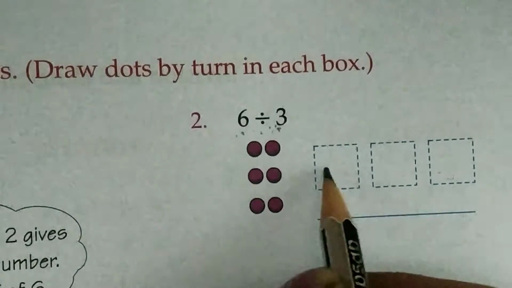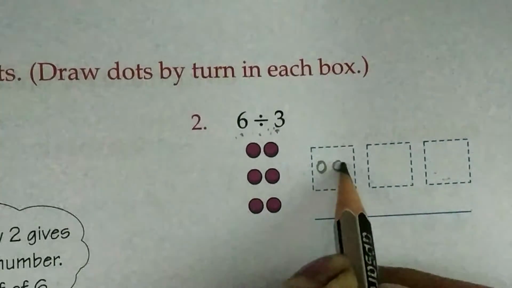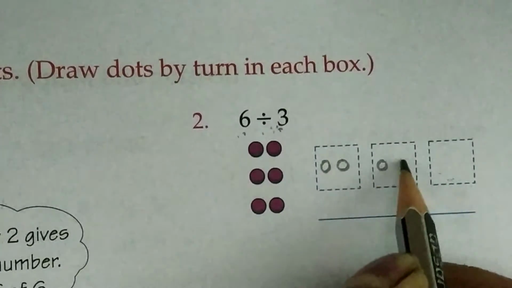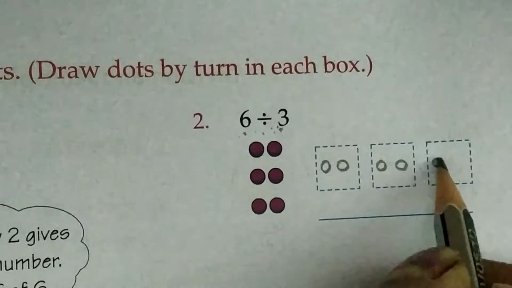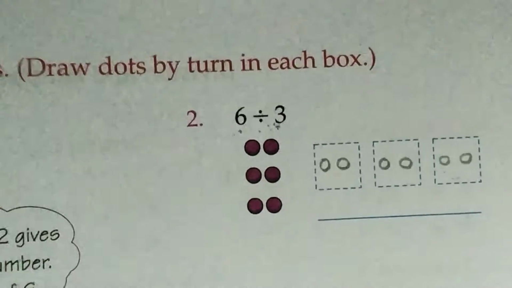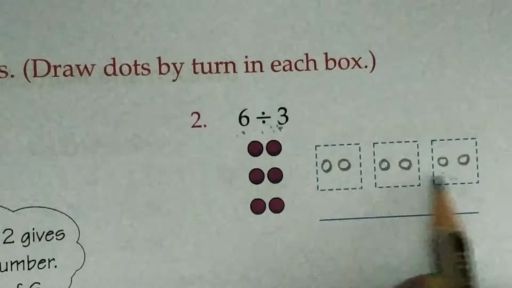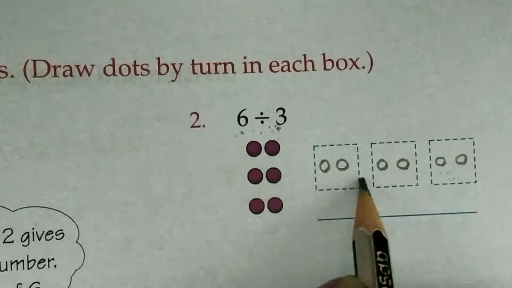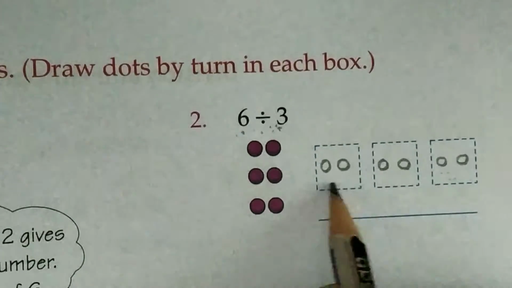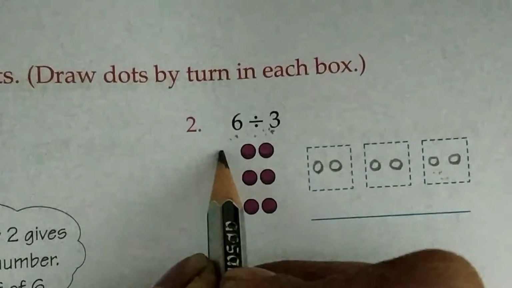So let's see. Each box having 2 beads. If we divide these balls equally in 3 groups, how many balls do we have to put in these? 6 balls.